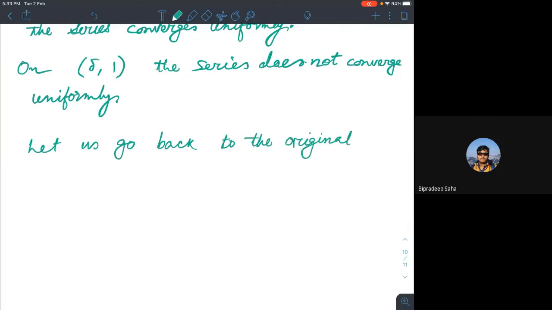Original example. So you have summation of x squared by 1 plus x squared to the power n, n equal to 0 to infinity.